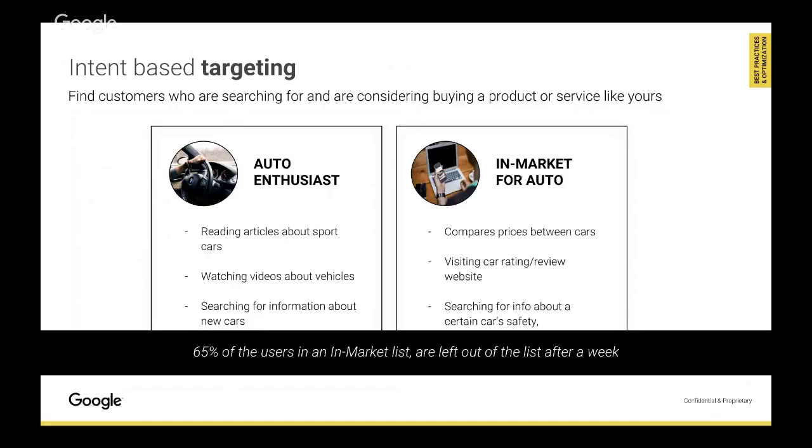So they will be able to get refreshed users in the in-market audiences. Example of that would be people who compare prices of the car this week. If they don't do that next week, it's very likely they will be removed from our in-market audiences. So this will help us to make sure that our in-market audiences are always refreshed and are always relevant and are always in real time.